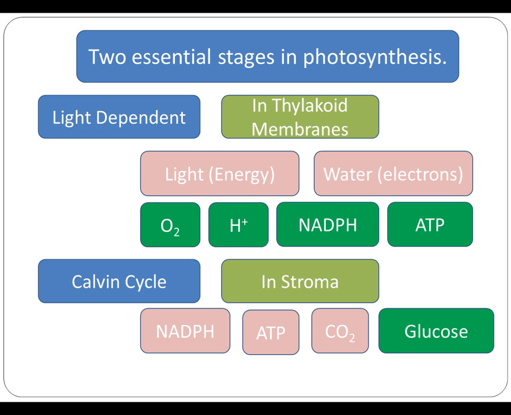Before I move on, I want to see if you're okay with the basic concepts. Light-dependent reactions produce ATP, NADPH, oxygen's released, and hydrogen ions. NADPH and ATP are used to power the what?